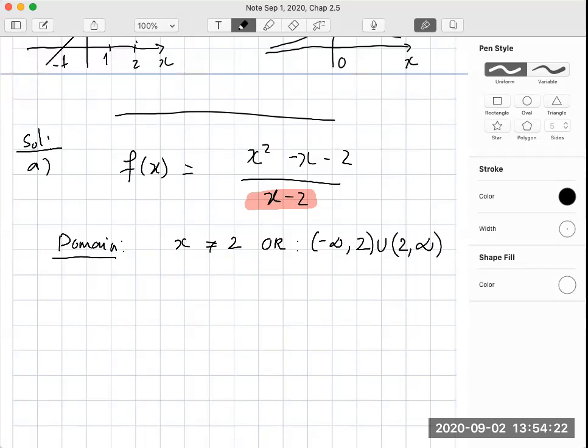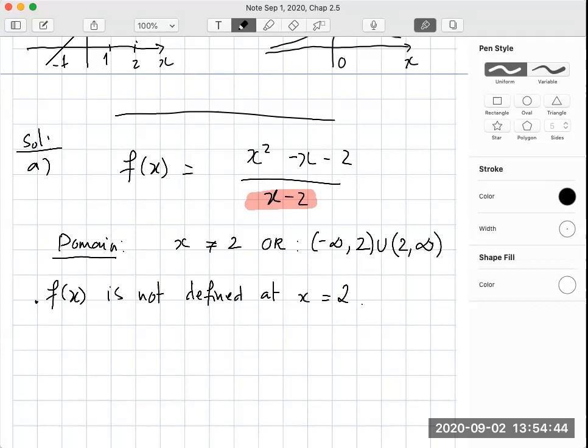Okay? Because f of x is not defined at x is equal to 2.